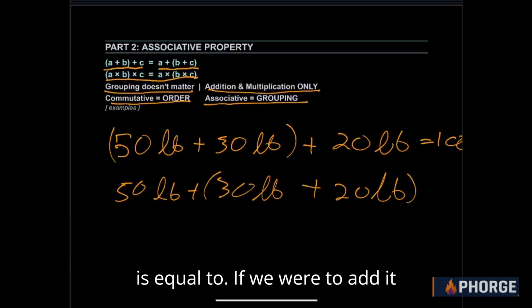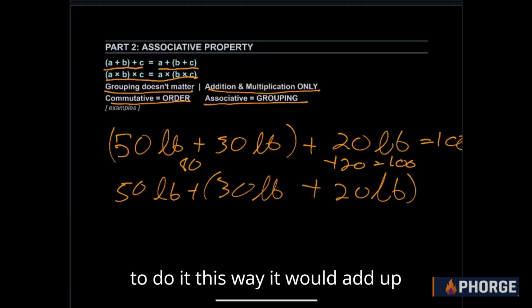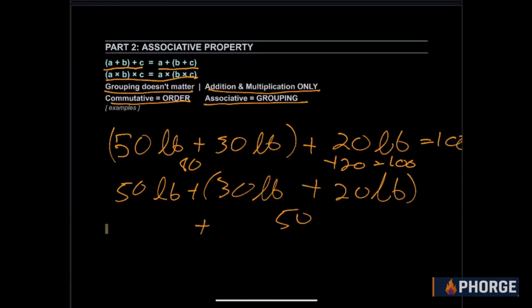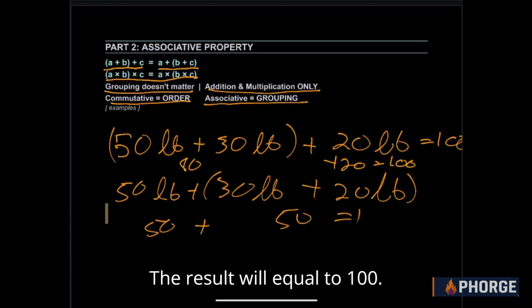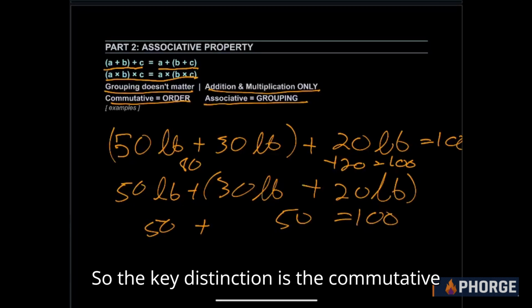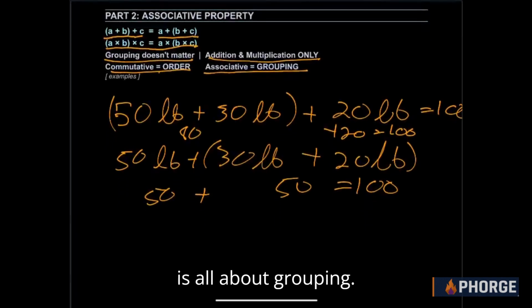If we were to add it up, 50 plus 30 is equal to 80, plus 20 equals 100. And then if we were to do it this way, we would add up the parentheses first, 50 plus the quantity 30 plus 20, which is also equal to 100. So the key distinction is that the commutative is all about order, and the associative is all about grouping.